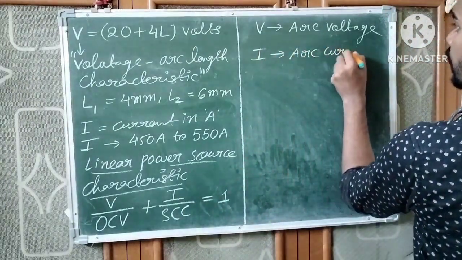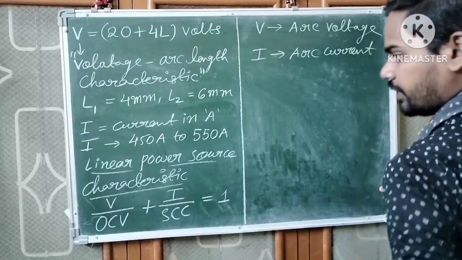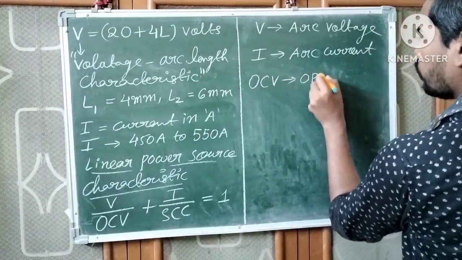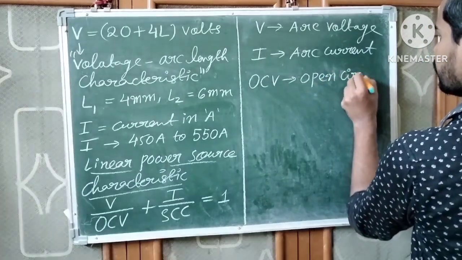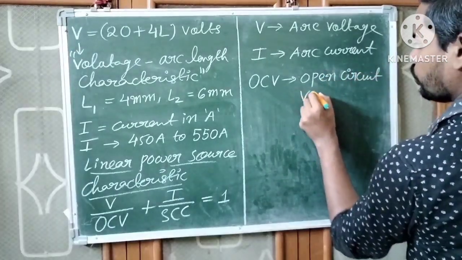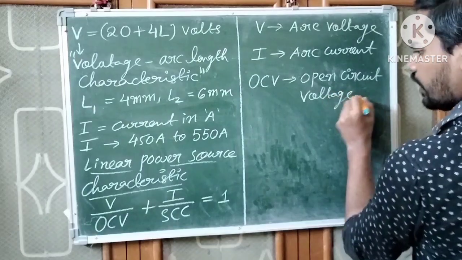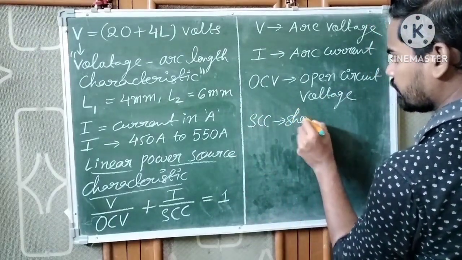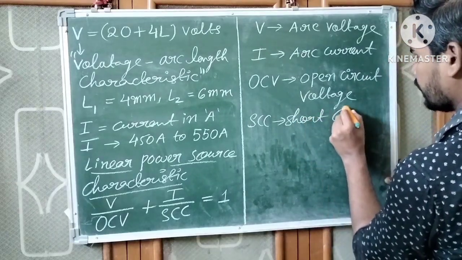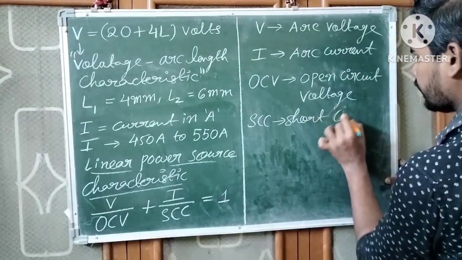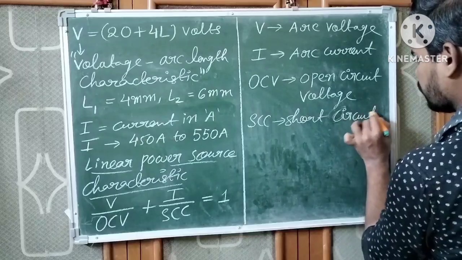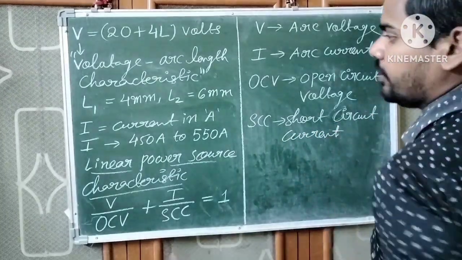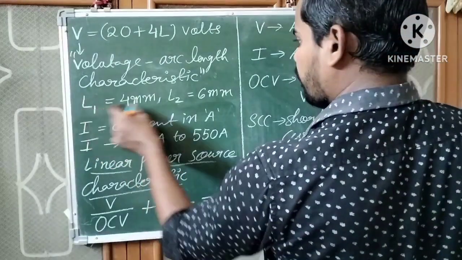OCV means open circuit voltage, and SCC means short circuit current. Next, here we have L1 and L2.